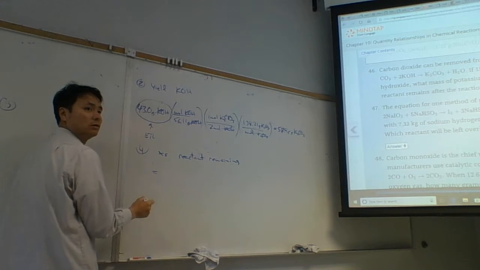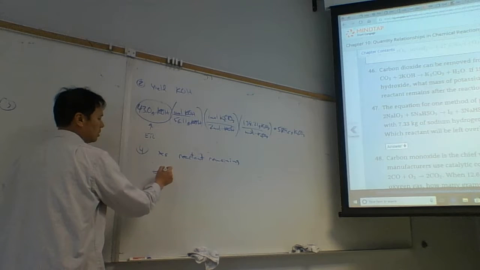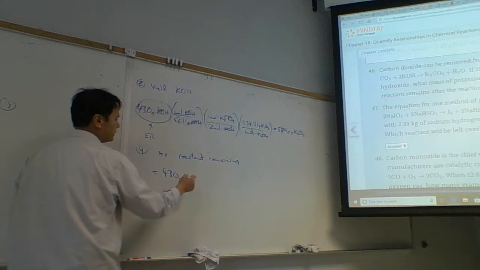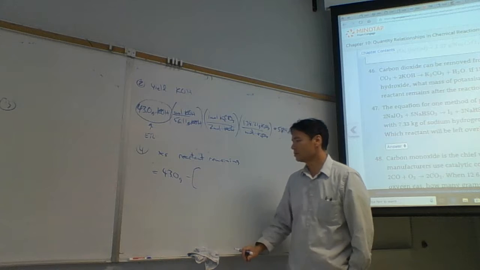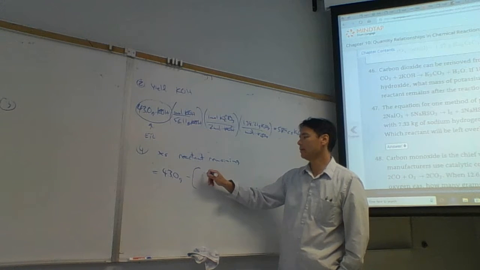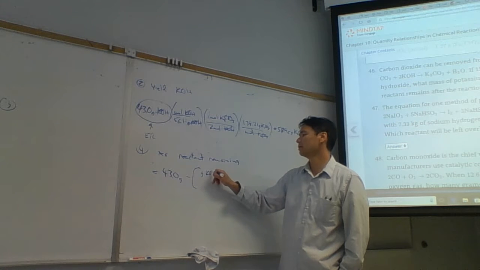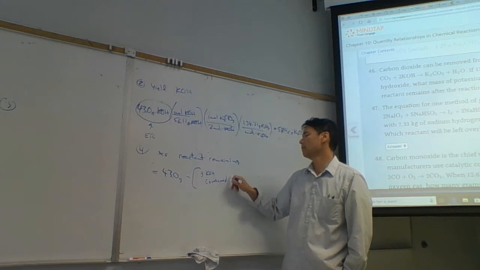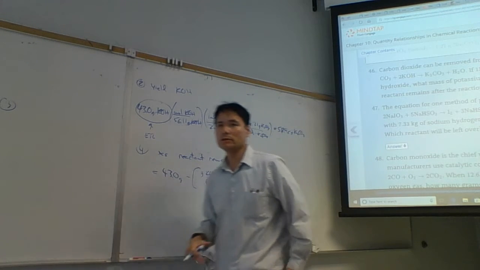This is equal to the initial, 43.0, minus the amount consumed by the limiting reactant. So how many grams of KOH were consumed by the LR? Why don't you do the calculation?